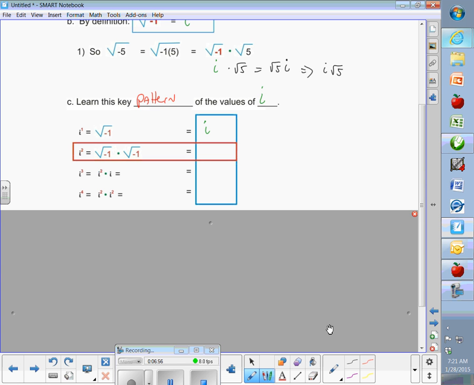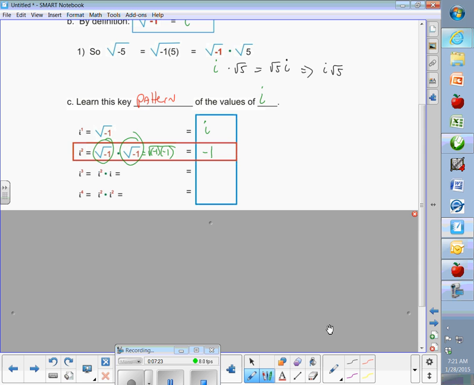Well, second, look at what we've got here. We've got the square root of -1 times the square root of -1. If you wanted to, you could write that together like this. What's the square root of -1 times -1? And I hope you say -1.